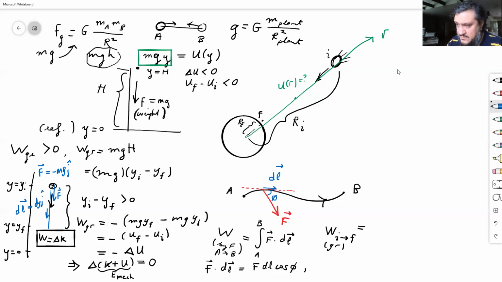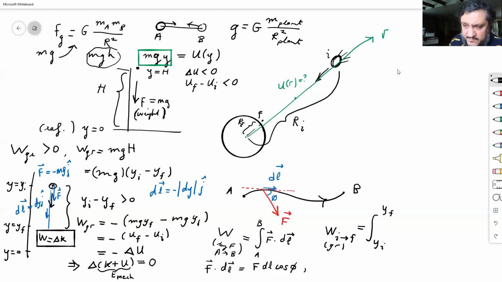Okay, so if you want to be exact, you may write negative absolute value of dy j hat. That just means it's pointing downward. If it was going upward, you would make this positive. Anyway, so the integral would be from y initial to y final.